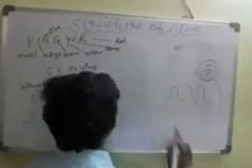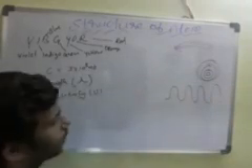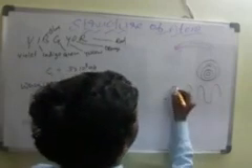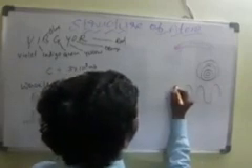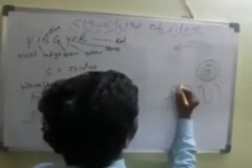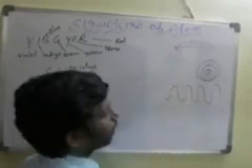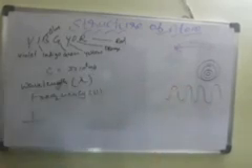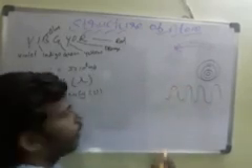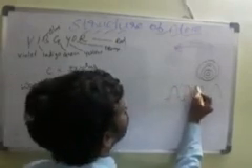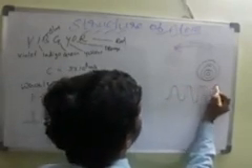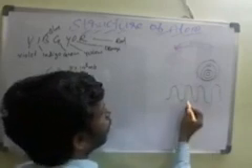The distance between one wave peak and another wave peak is called the wavelength, lambda. This is one wavelength, from here till here. Here also you can take this.